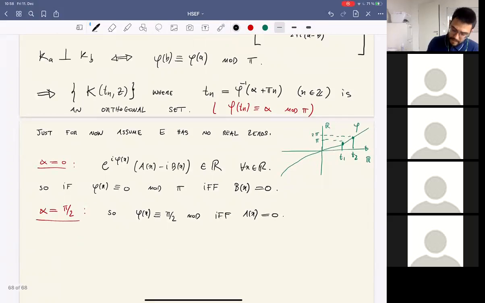So the nodes of interpolation that you're aiming for your formula would be either the zeros of A or the zeros of B. It could be something in between, but we will see that in the end, you can always assume it's a 0 of B. But anyway, let me just mention what happens in the Paley-Wiener case.